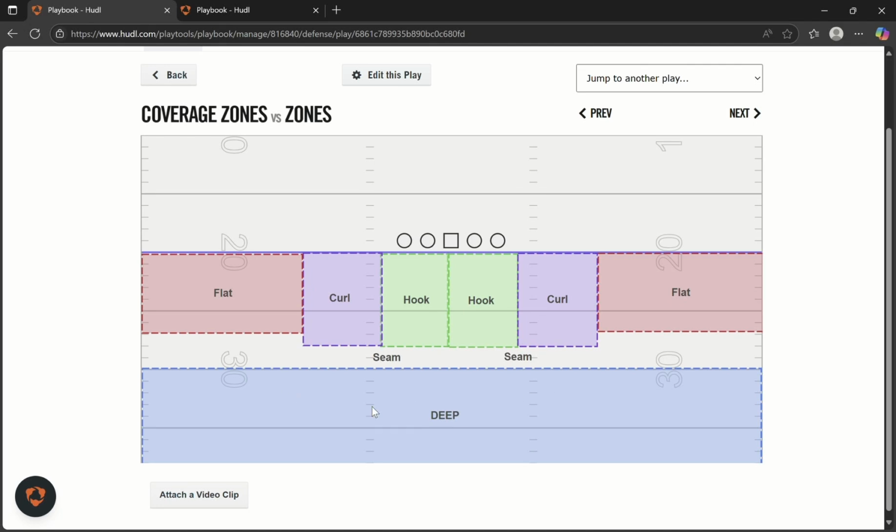The deep zone can start anywhere from 10 yards past the line of scrimmage and go on to the rest of the field. It just depends on how far the receivers go. You don't want to just cover grass back in the deep zones, because you want to be deeper than the deepest.